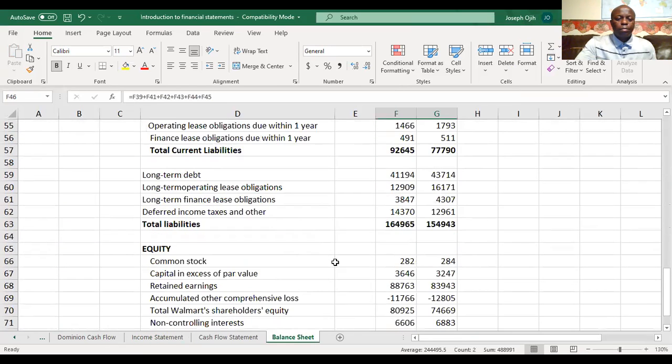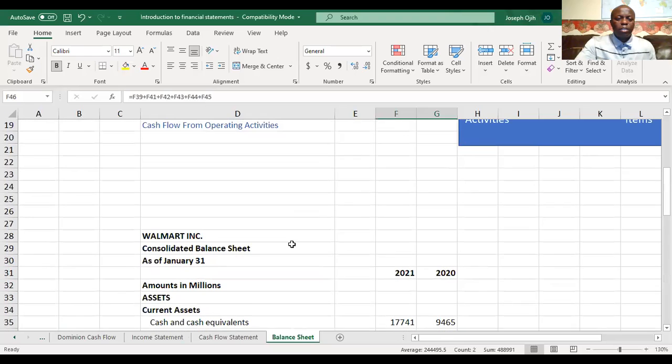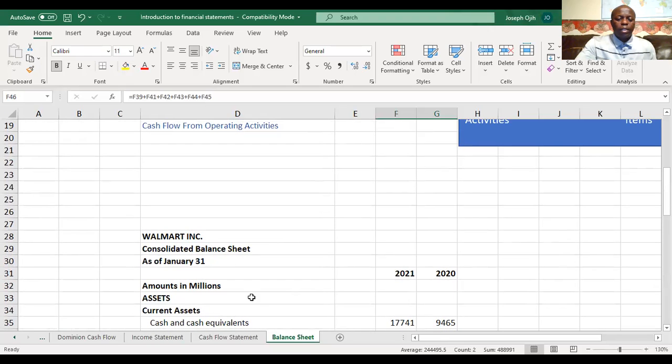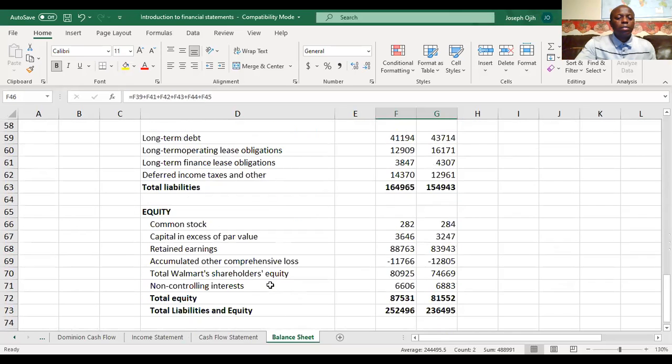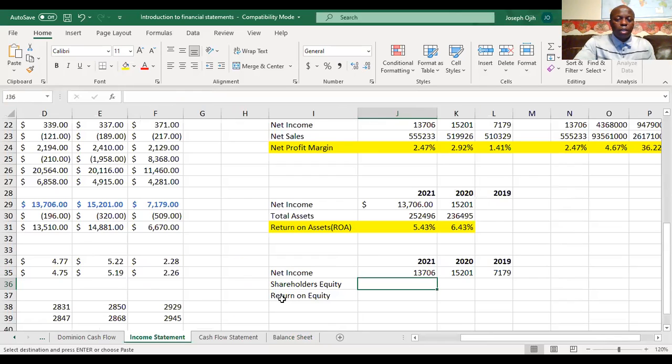See, this is the Walmart balance sheet right here, Walmart Incorporated. Shareholders' equity is right here. Total Walmart shareholders' equity right here. I'm going to copy it and go to the income statement section and paste it there. Oh, my mistake.